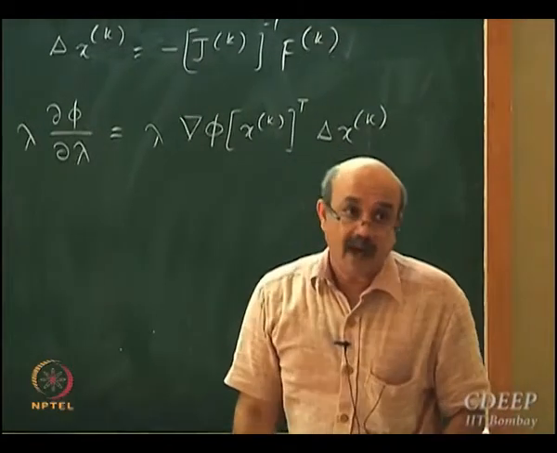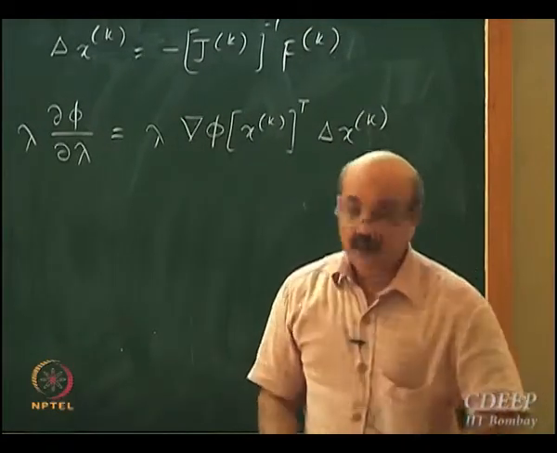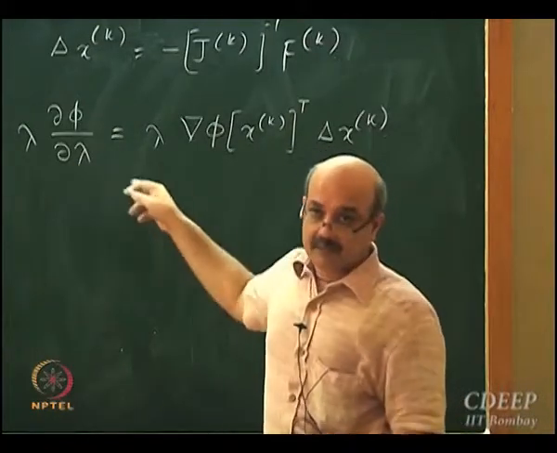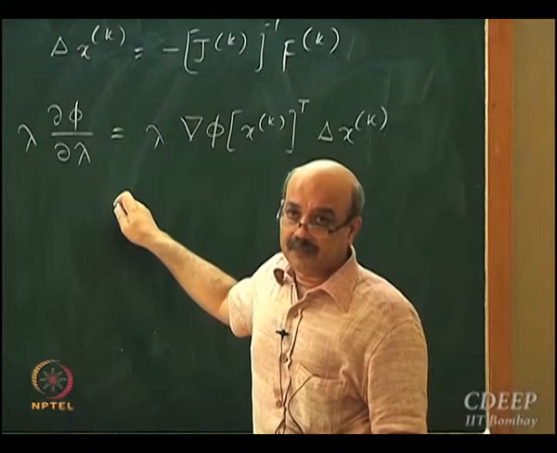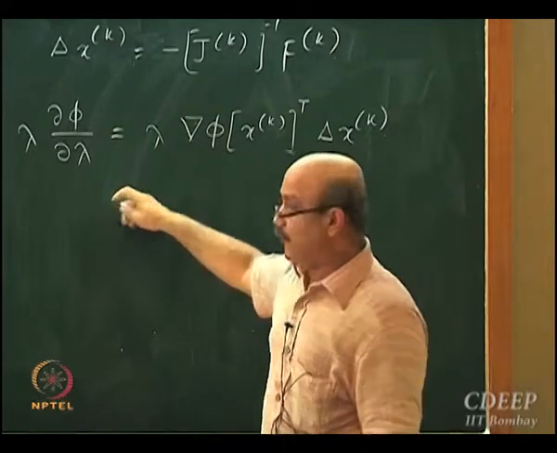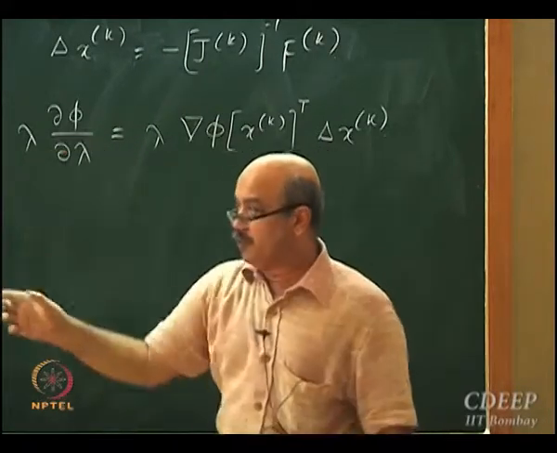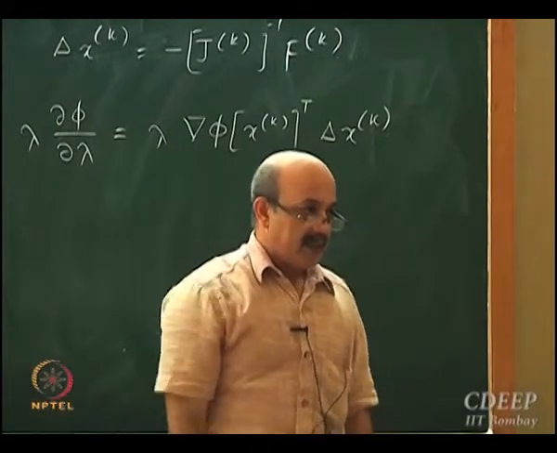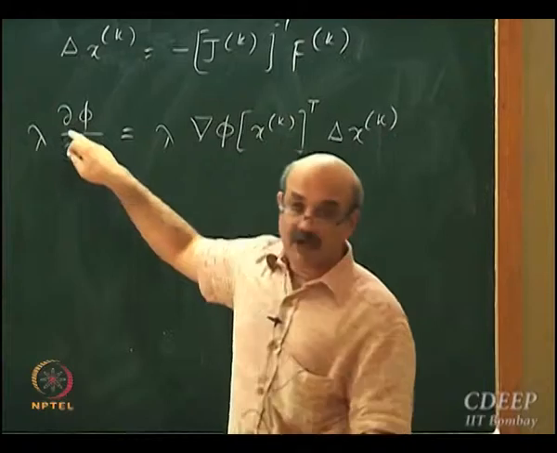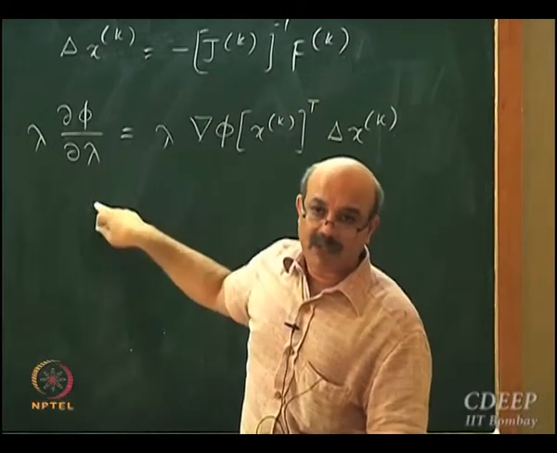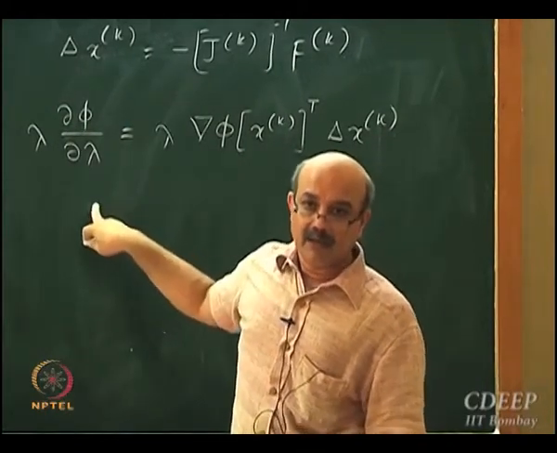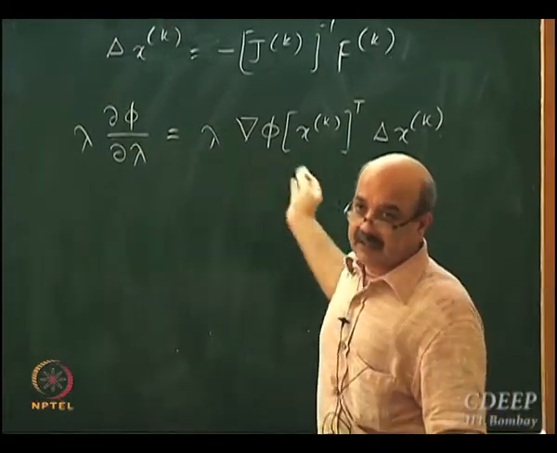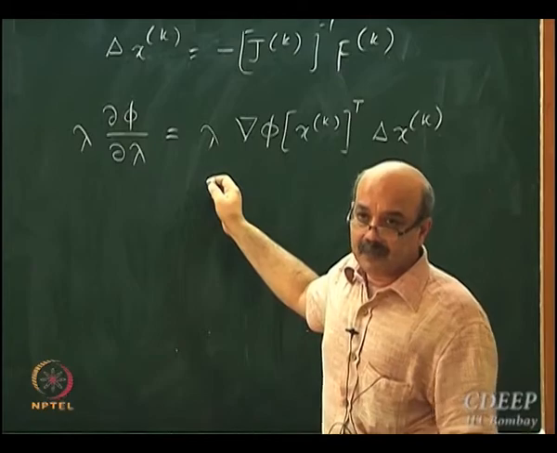Just check this. I am doing derivatives in succession. I first differentiate phi with respect to the entire quantity, and then this is dou phi by dou x into dou x by dou lambda. I am not writing that, just skipping the in-between step.